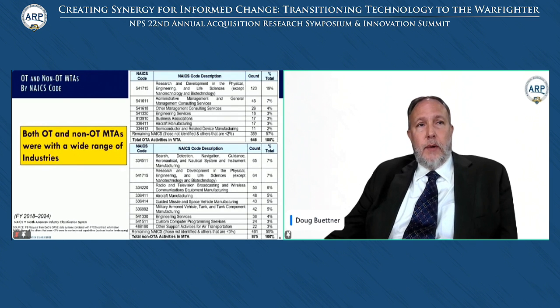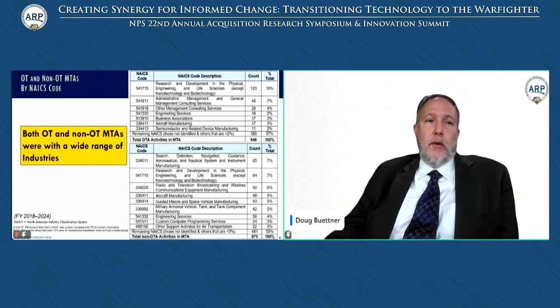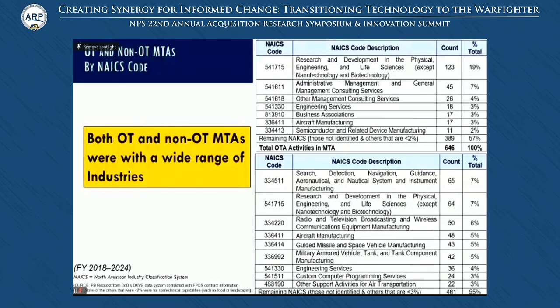Okay, and then here we're trying to break out what we are actually utilizing the MTAs for. If you split it by OTA and non-OTA, you'll notice that both had pretty much a wide range of industries.